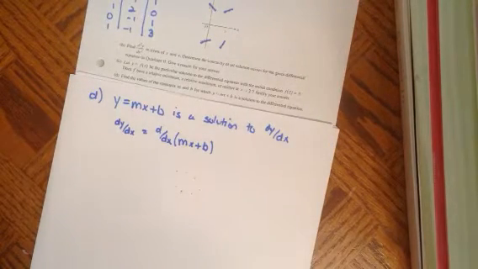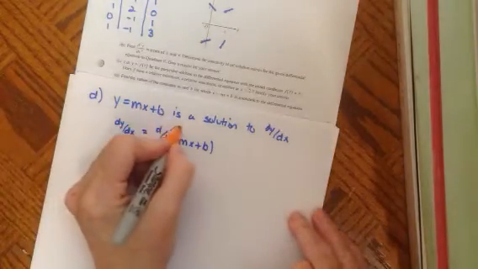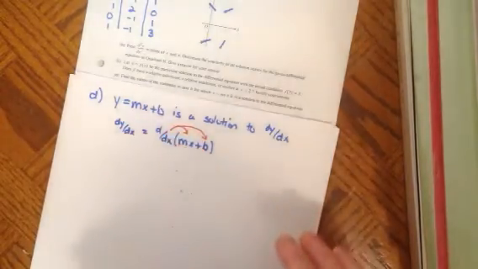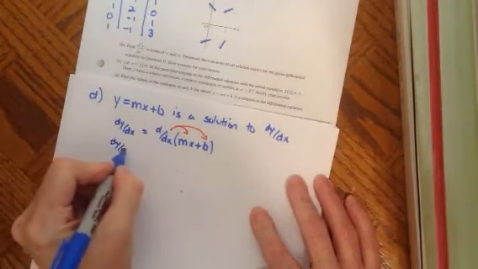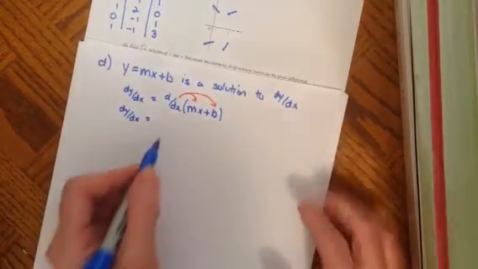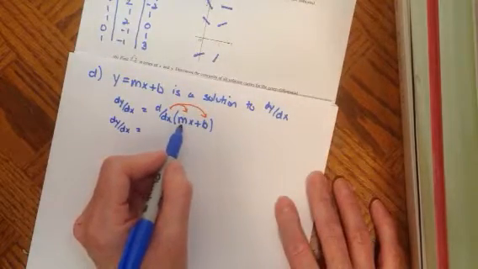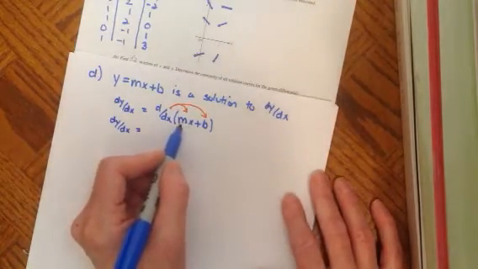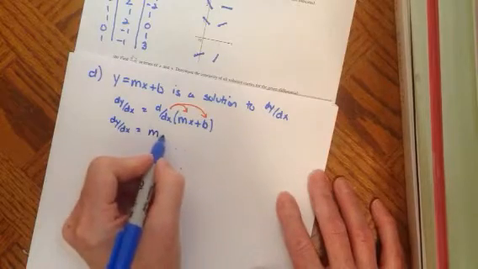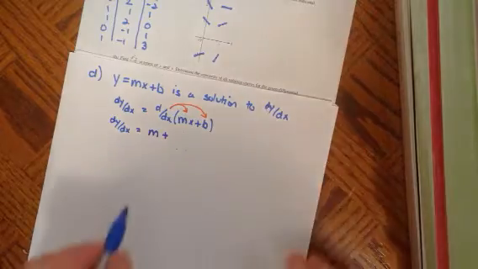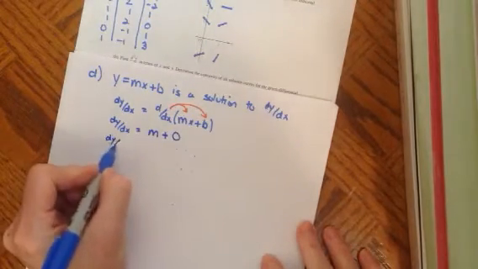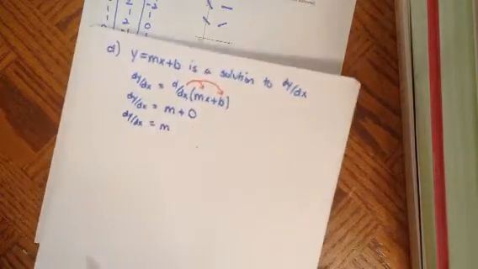So if I take that d dx derivative and distribute it to each of those terms, the derivative of mx, where m is just some constant coefficient, is m, like the derivative of 3x is 3. And the derivative of b, a constant term, is 0. So my derivative just equals m.